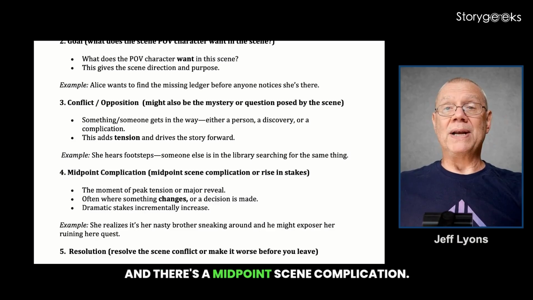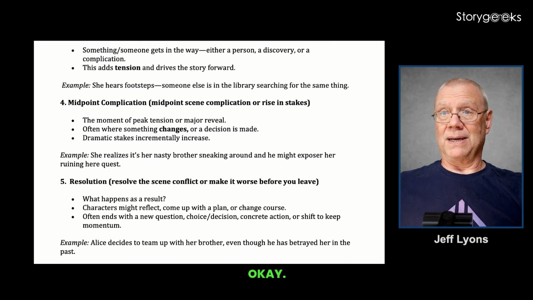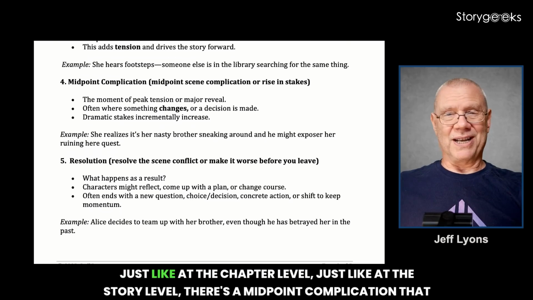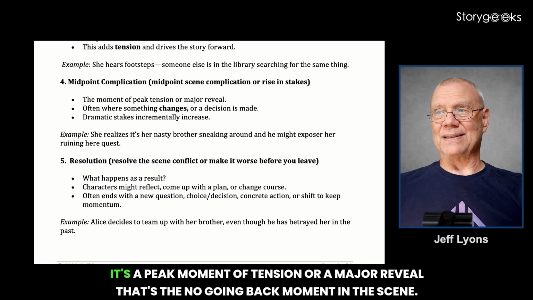Then there's a midpoint scene complication. Just like at the chapter level, just like at the story level, there's a midpoint complication that raises the stakes in the scene. It's a peak moment of tension or a major reveal. That's the no going back moment in the scene.